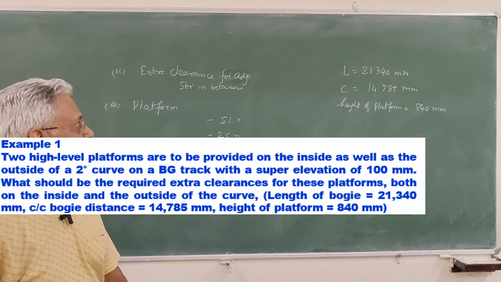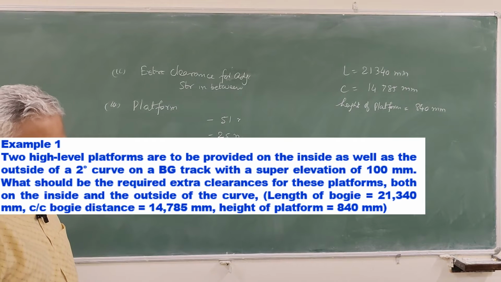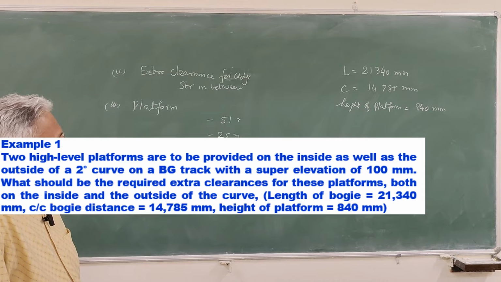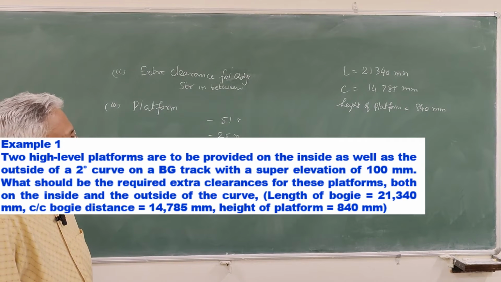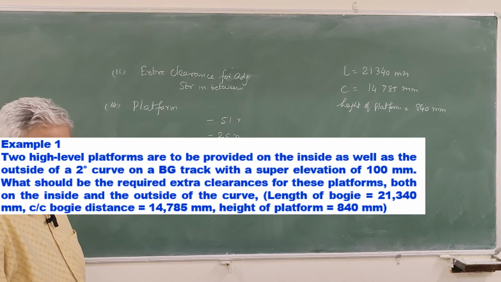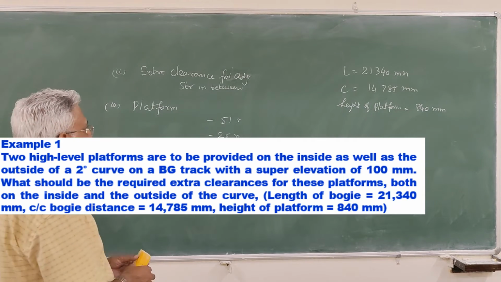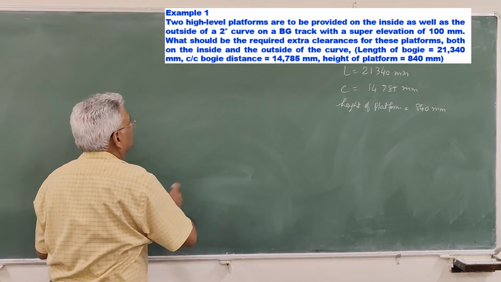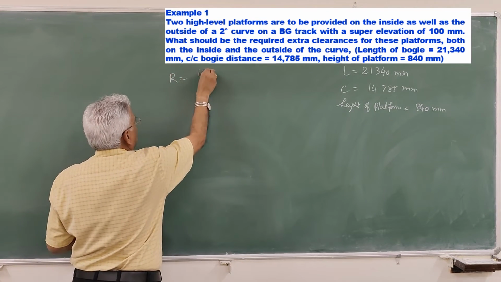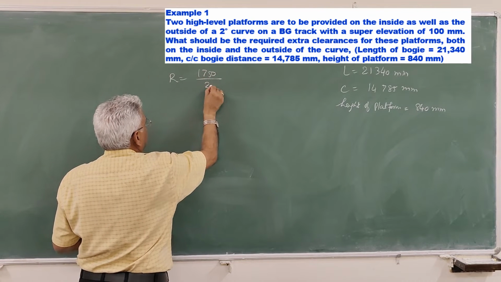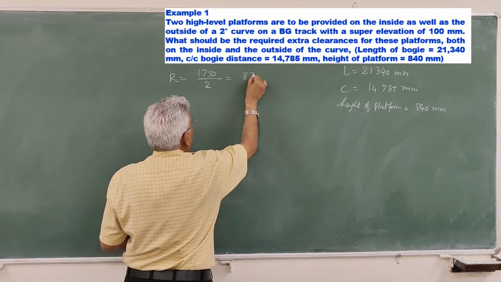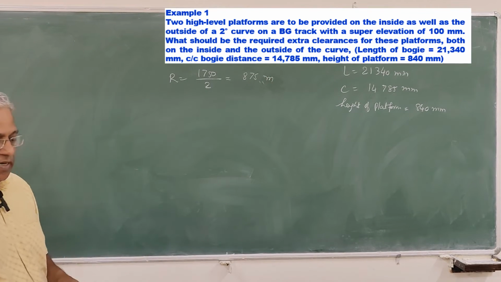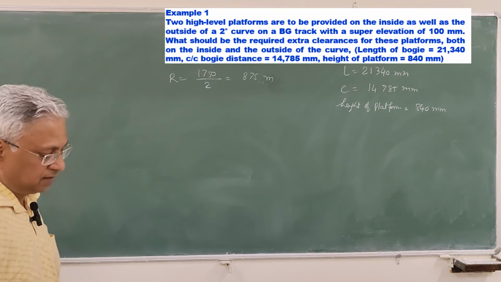Length of the bogie is given as 21,340 millimeter and center to center distance of the bogie is 14,785 millimeter. Now the radius of the curve: it's a 2-degree curve, and therefore R will be 1750 upon D. D is 2 degree and therefore it is 875 meter. 875 meter is the radius.